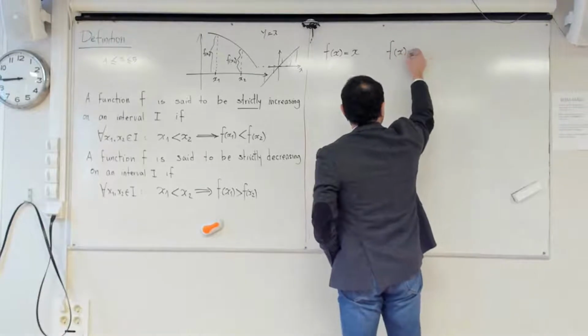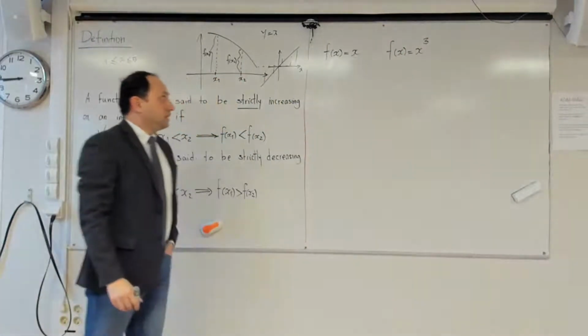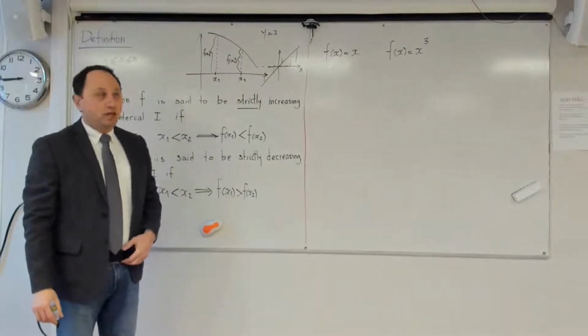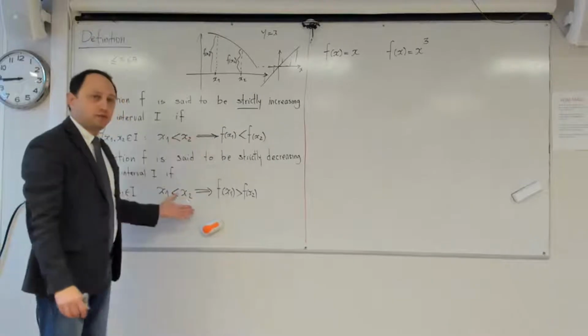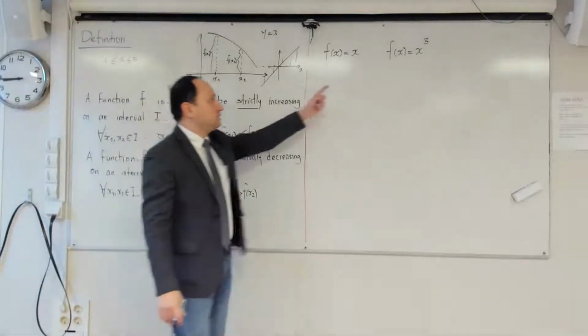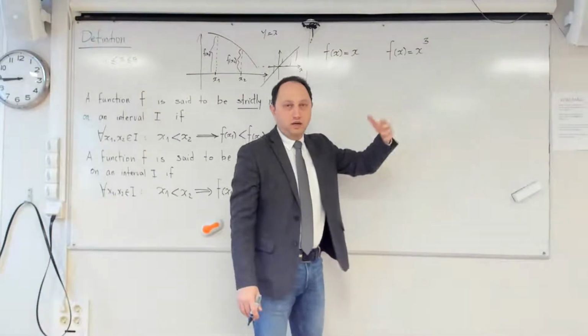f of x is equal to x cubed. Is this function increasing or decreasing, or none of them? It's clear that, again, just by definition, you don't need to know any derivative at all. Immediately, it is clear that this function is strictly increasing. Why?